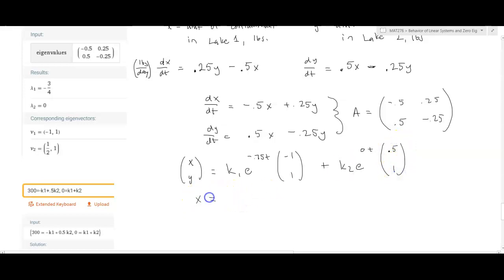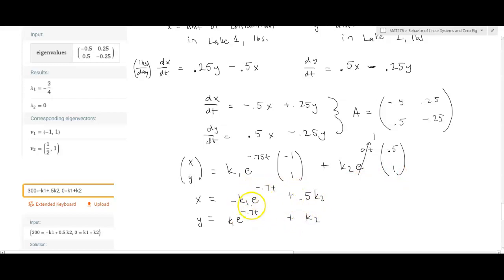So x is going to be negative k1 e to the negative 0.75t plus 1/2 k2, since e to the 0t is just 1, so I'm going to leave that out. And y equals k1 e to the negative 0.75t times 1, and then plus k2 times 1, which is just plus k2.